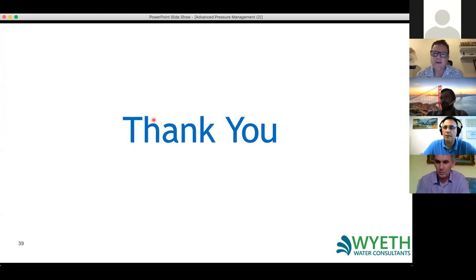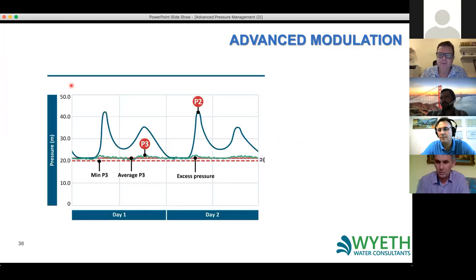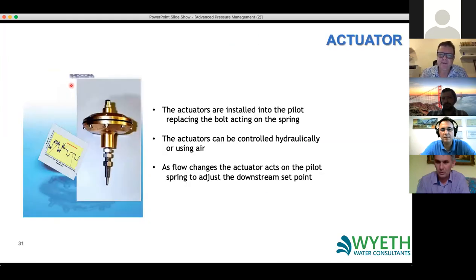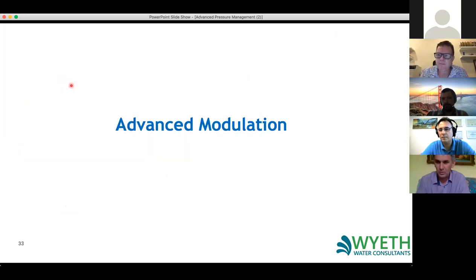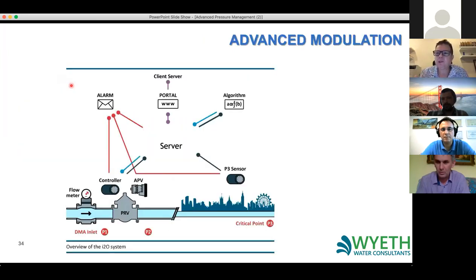So I think in my presentation I didn't mention what every company can do, but I did mention Halma at this point. I do know that both Halma and Technolog also have advanced modulation using critical point loggers as well.